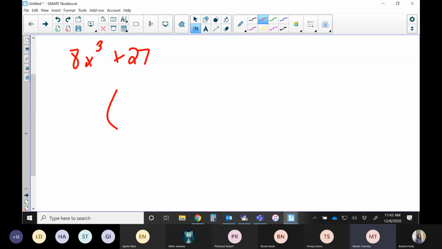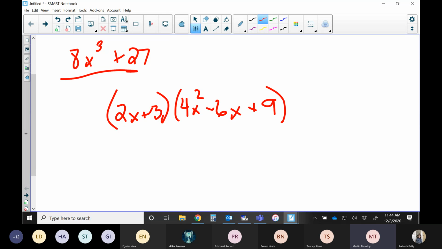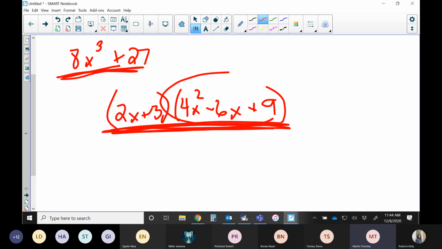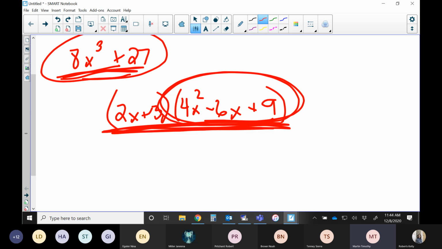That is actually 2x plus 3 and 4x squared minus 6x plus 9. This is standard form, and this might be factored form. I'm not sure yet. I'm not completely teaching you this because I might still be able to factor this. That's what we're going to get to later on in chapter 3. How to take this and change it into completely factored form.